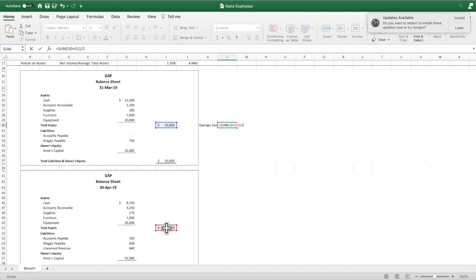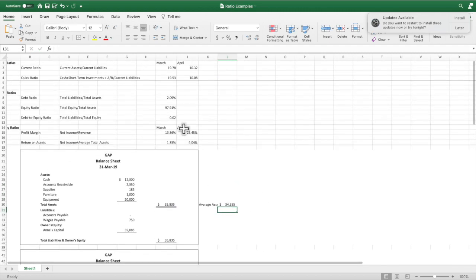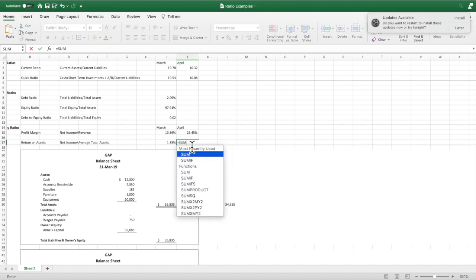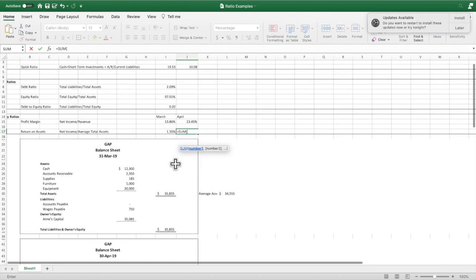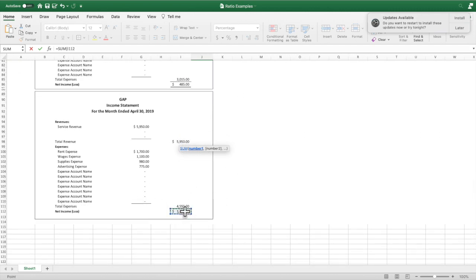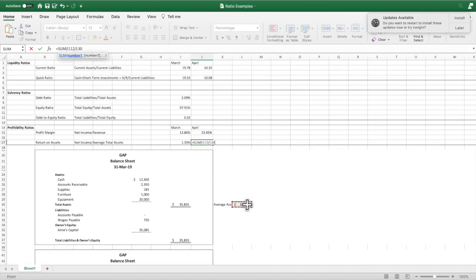This is how we get the average. All right, so we take the total of both months and divide it by 2 to get the average of 34,555. So when we calculate this, we're going to take equals sum of net income from April. So here's April's net income. And we're going to divide it by the average total assets. All right, and we get 4.04%.